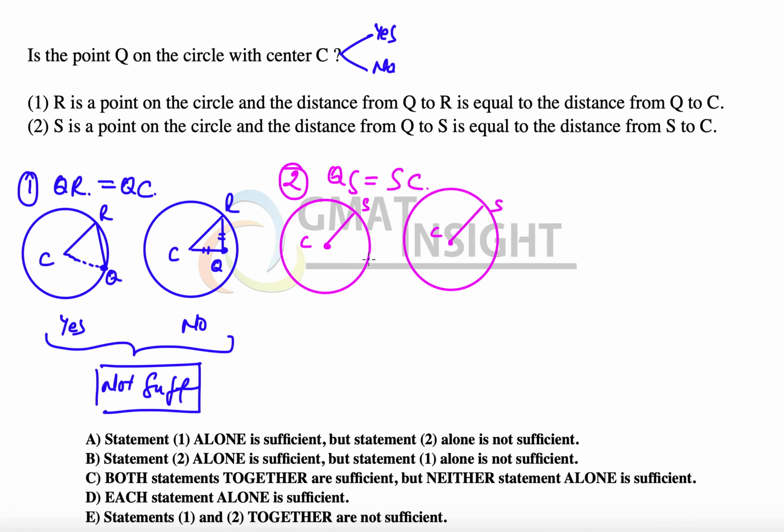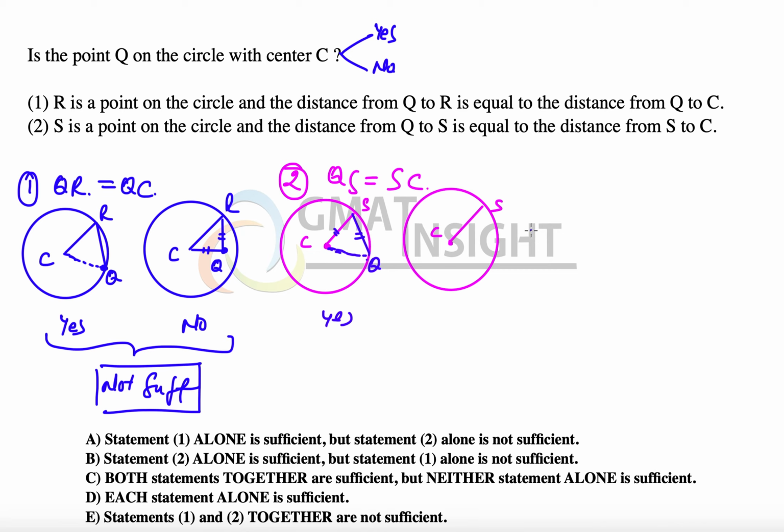One possibility that we can choose is the similar kind of figure which we drew earlier in the first statement, an equilateral triangle such as this, where point Q has equal distance from S as it has from point C, and the distance between C and S. Considering this particular case, the answer to the question is yes.